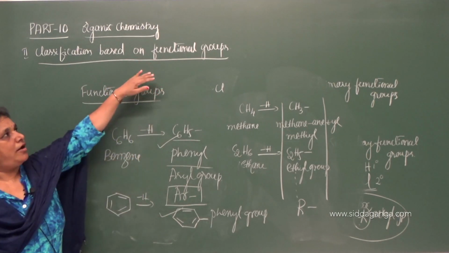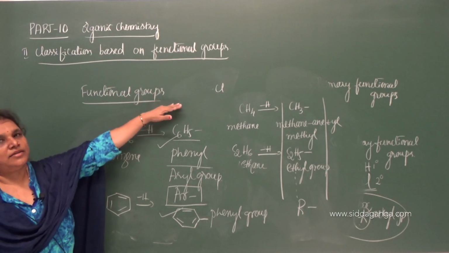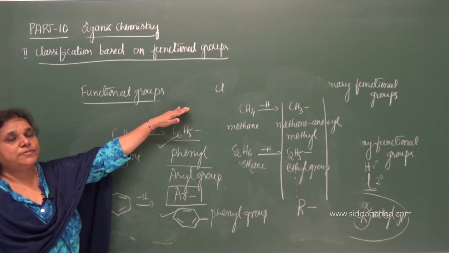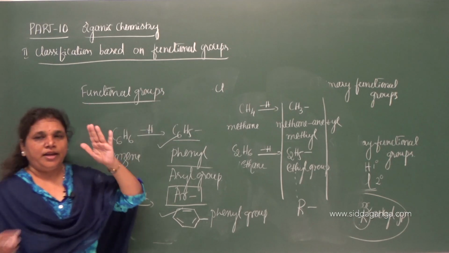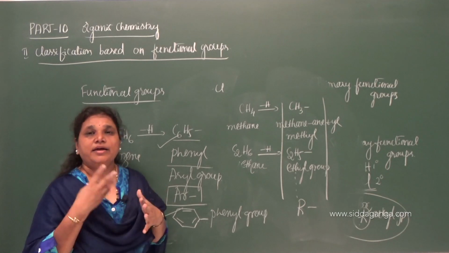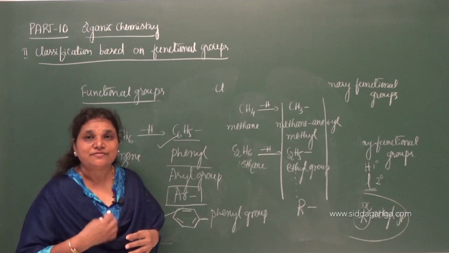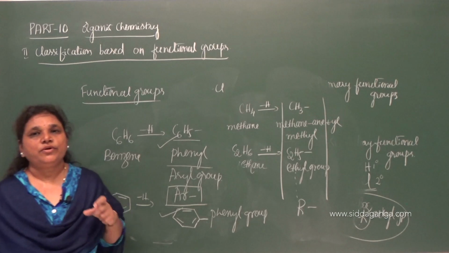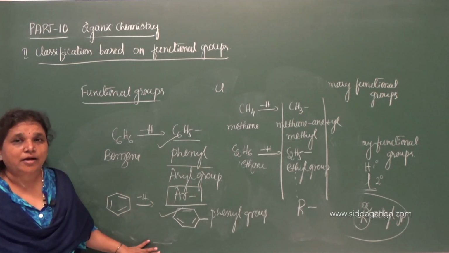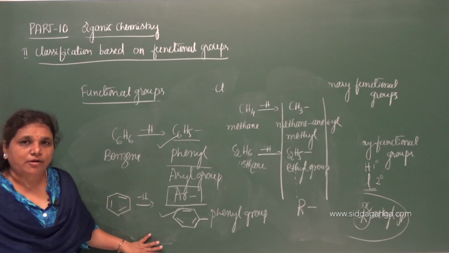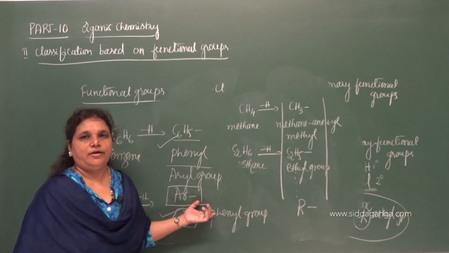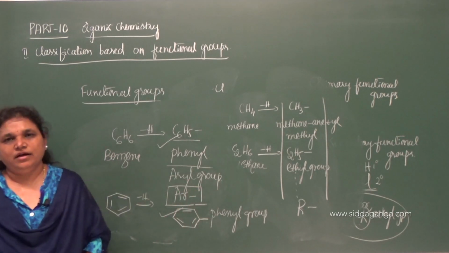So now we classify organic compounds on the basis of functional groups, and then we have to represent the class of organic compounds in general form. So to represent such classes of organic compounds by using a general formula, we require the alkyl group and the aryl group.